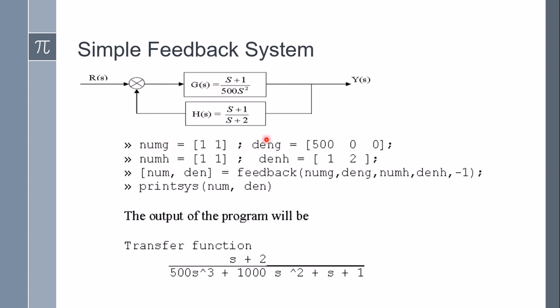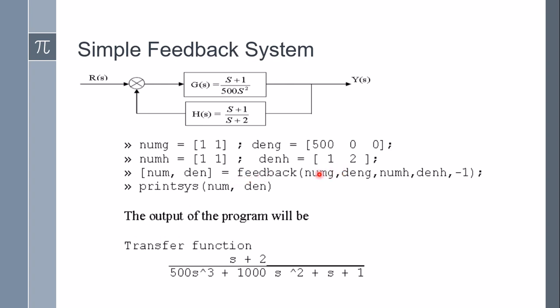So num G, den G indicate the parameters corresponding to G(s), and num H, den H represent the coefficients of the polynomial in the numerator and denominator respectively. So again, I am going to create one system, the net resultant of the system. How to get this? It is using the feedback command.